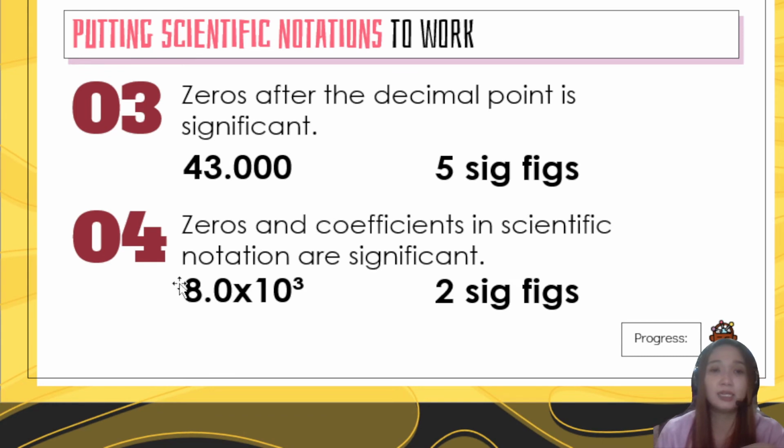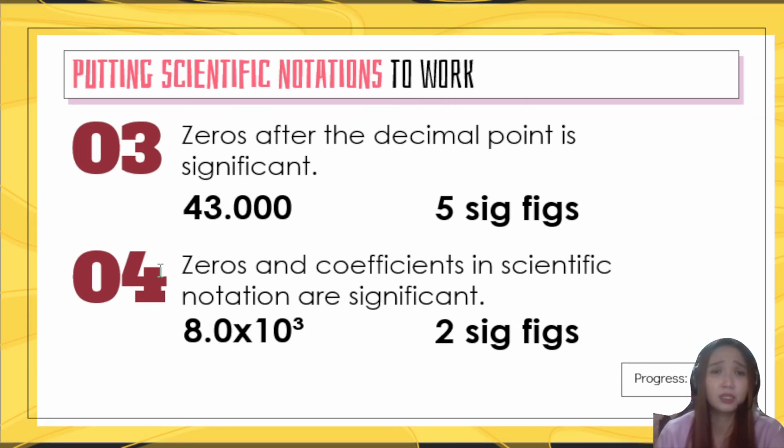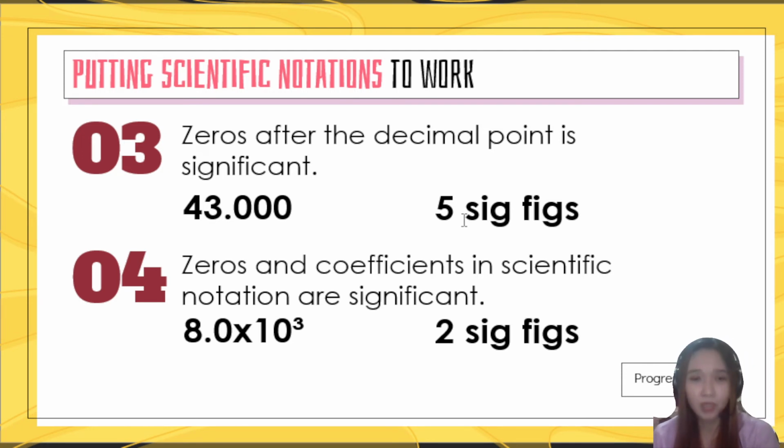Okay, next is this one. Putting scientific notations into work. Third rule, zeros after the decimal point are significant. Okay, so we have here our example for 43.000 and then meron tayong tatlong zero after the decimal point. It is included in our counting, so total of 5 sig figs. And then fourth rule, zeros in the coefficients of scientific notations are significant.